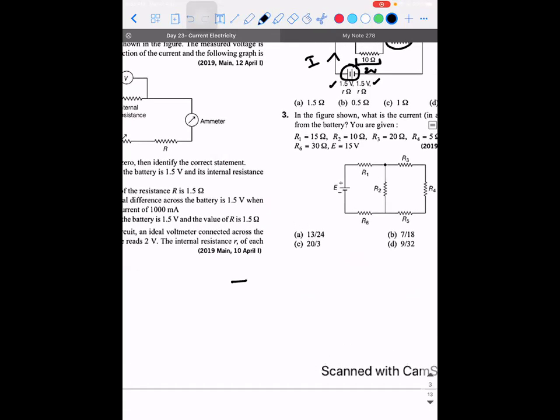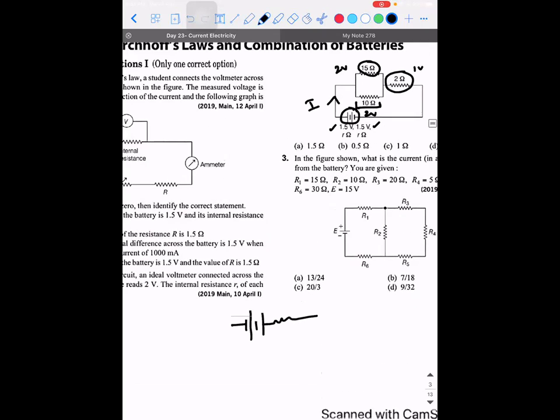It is getting discharged because current is flowing away from the positive terminal. So when it is getting discharged, what is the relation between potential difference and EMF? V is equal to E minus I into R.